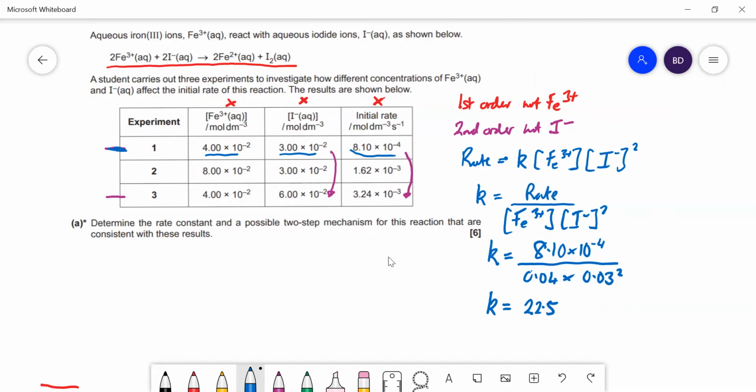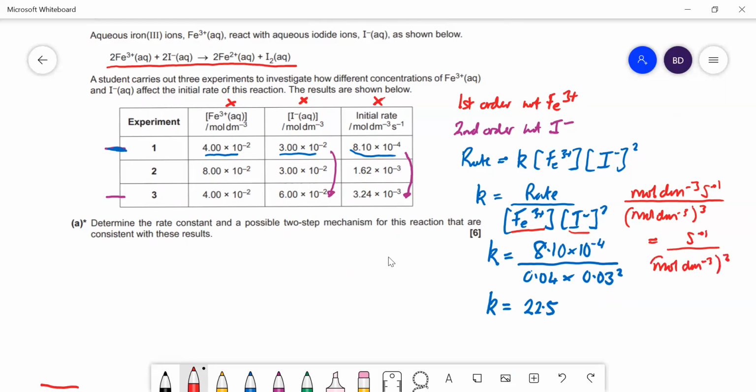And we need to state the units there as well. Right, so the rate of reaction is mole per decimeter cubed per second. And we're going to have concentration, mole per decimeter cubed, to the power of 1 there, to the power of 2 there, that makes it to the power of 3. So that's equal to second to the minus 1 over mole dm to the minus 3 squared.